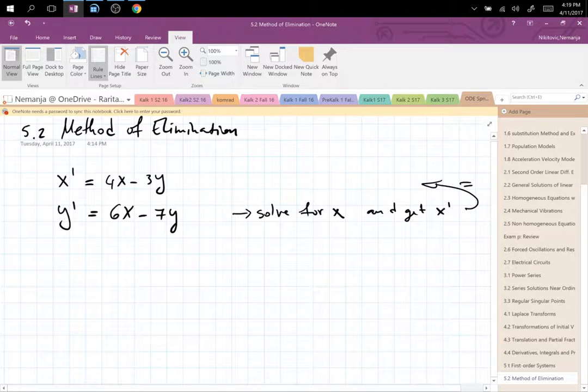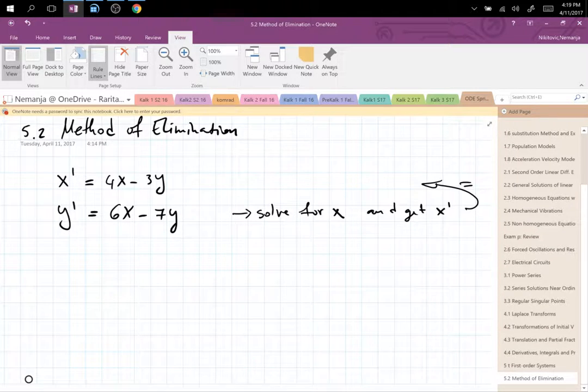If I solve the bottom equation for x and differentiate, I get x prime equal to everything else, but you have x prime equal to everything else on top, and you equal those two. Or I can solve the upper one for y, differentiate that, get y prime equals everything else, and equal it to the second one. It usually is what's more convenient. Now both of these are a little bit evil, so tough luck.